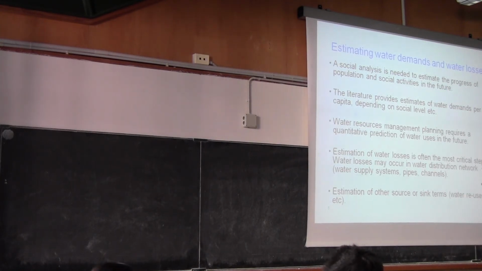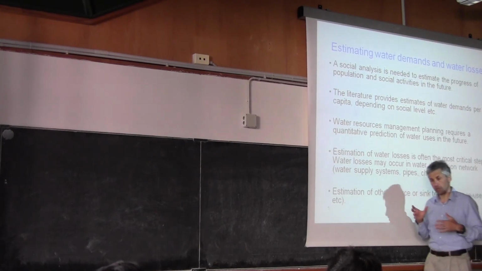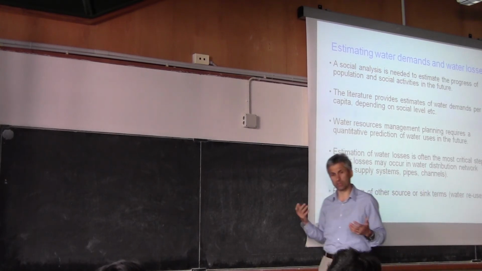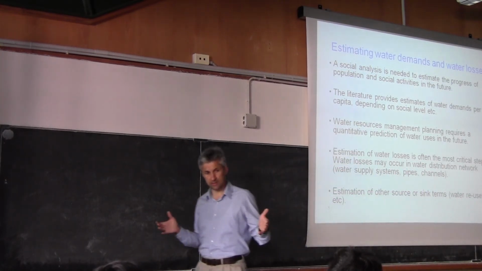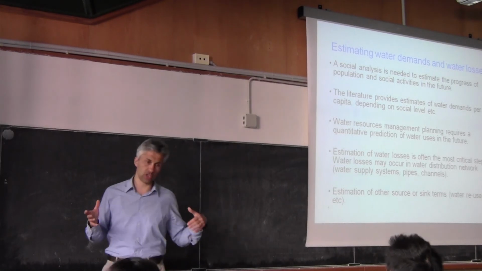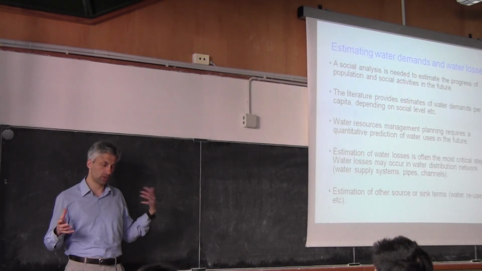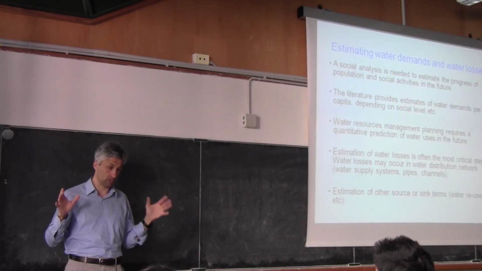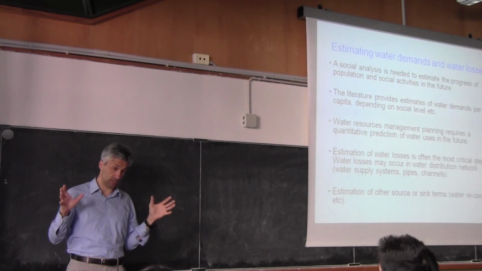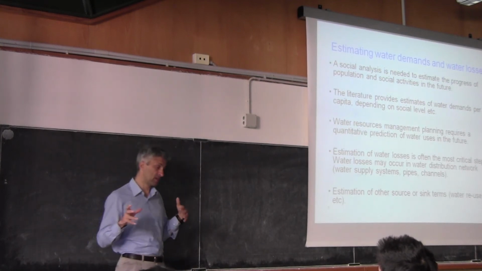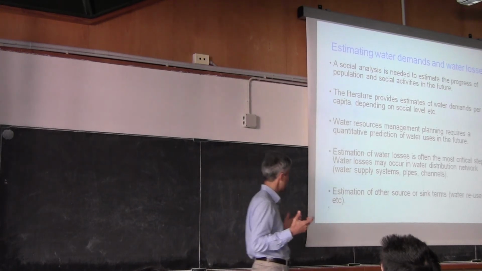Then you have to estimate the water losses, which, from a practical point of view, is really a challenge. Because water losses are there, and they are very significant. We are talking in Italy of about 30% of water losses in the aqueducts, and in the irrigation networks we are talking about 50% of water losses. So they are really significant, and their estimation is really a challenge.